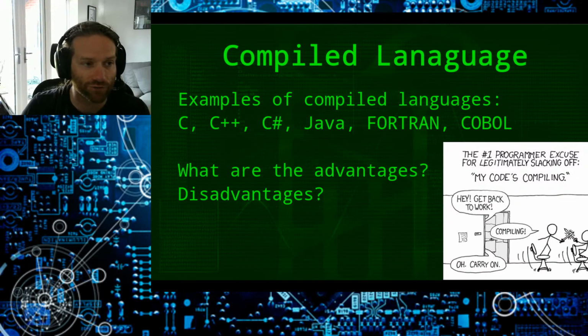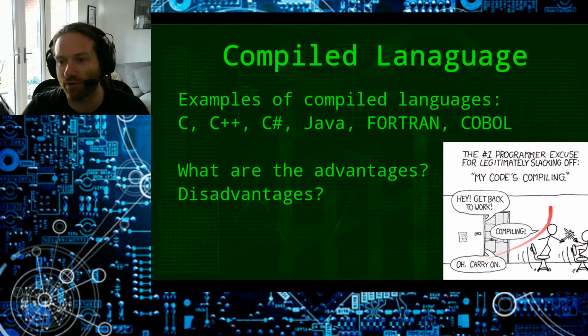Once it's compiled, it runs quick. Yeah, now that's the thing. Once it's compiled, as you could probably tell from this hilarious comic, which I stole from xkcd.com, sometimes it takes a long time to compile code. A long time.